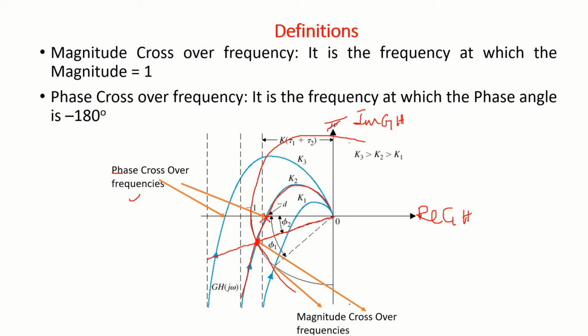The corresponding frequency is the gain crossover frequency. Now you measure this magnitude value. One by the modulus of that value, you call it the gain margin.